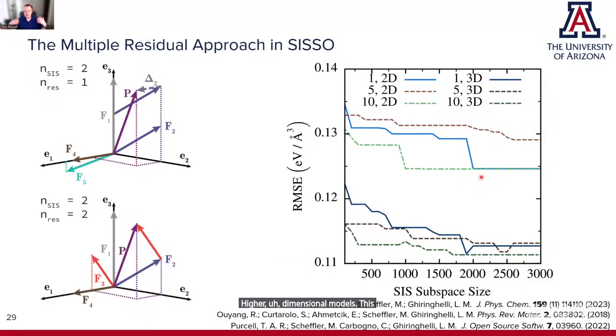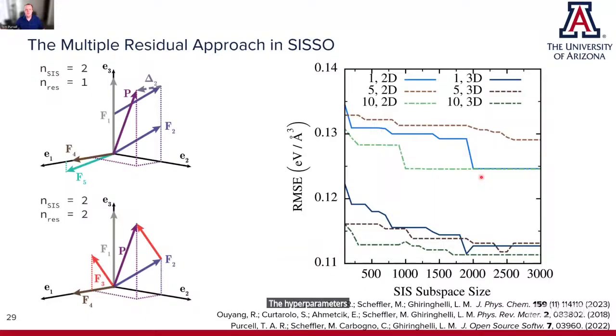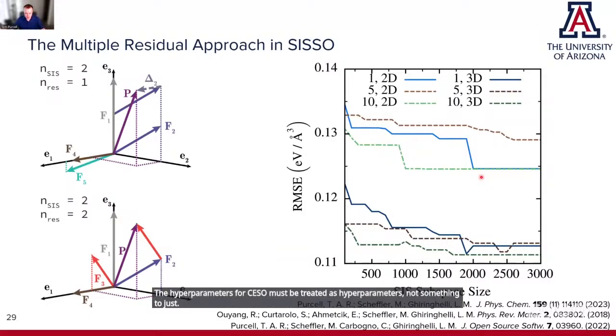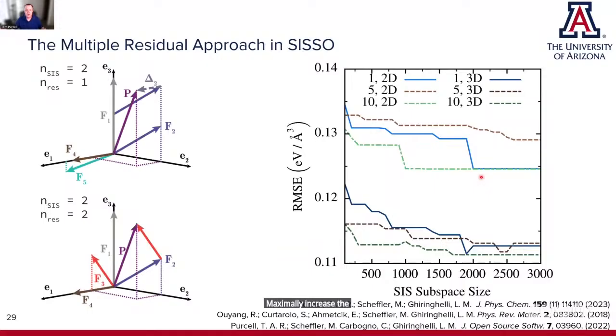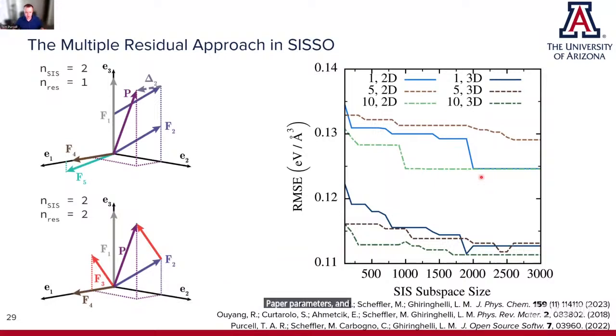This just means that we always have to assume that the hyperparameters for SISSO must be treated as hyperparameters, not something to just maximally increase the values of in order to assume that's going to be good. They are, in fact, hyperparameters, and they must be optimized.